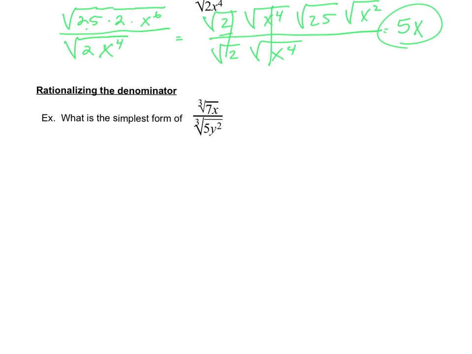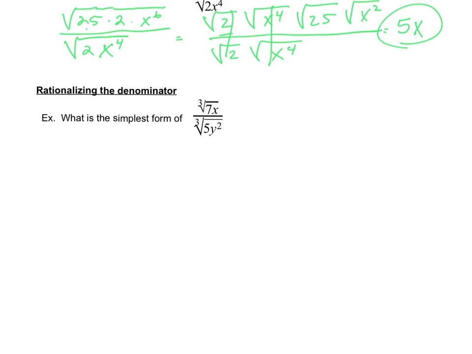And this final one, rationalizing the denominator, let's see, we will work on this now. In order to simplify this denominator, the easiest thing for us to do is create perfect cubes in the denominator. And in doing so, what are we going to multiply by?